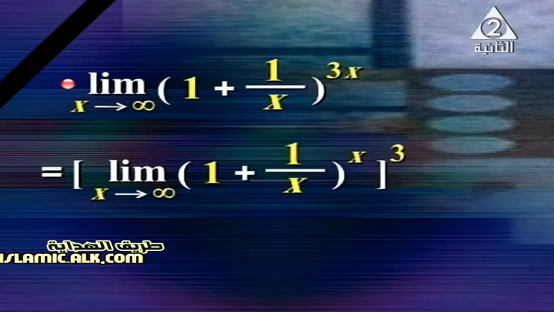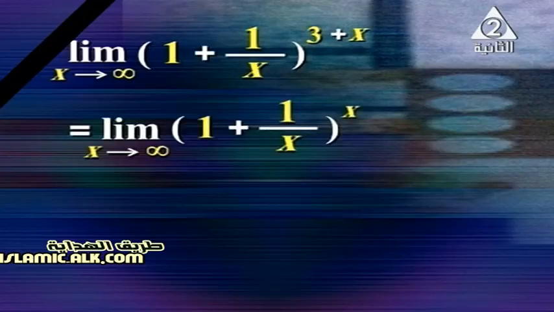Why? Because 3 times x equals 3x. What is the limit when x tends to infinity of 1 plus 1 over x, all to the power x? Excellent student, it is e. Then the answer is e power 3.